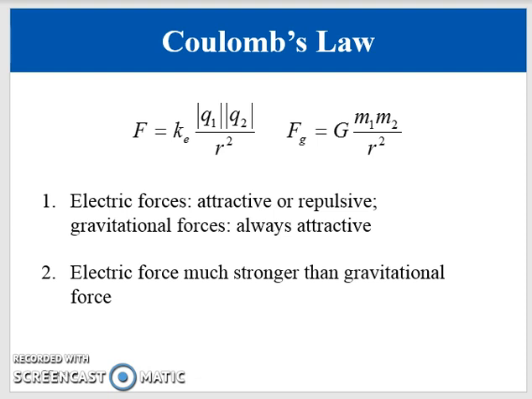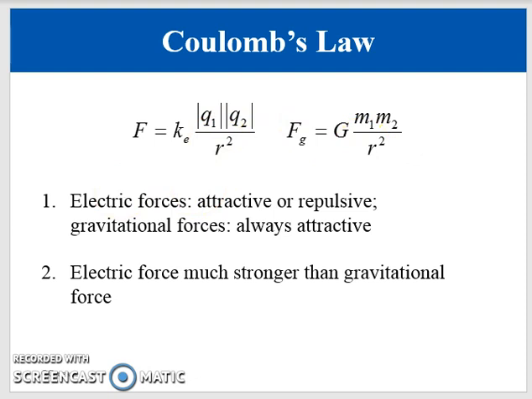Now, before we move on, let's look at Coulomb's law and draw a couple of parallels here with Newton's universal law of gravitation. Okay. First things first, they both describe forces, and one of the first things you'll notice is that they both depend on r squared.